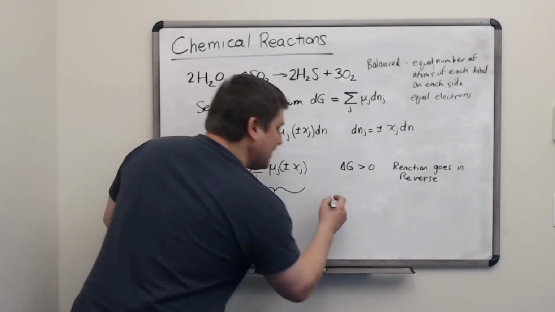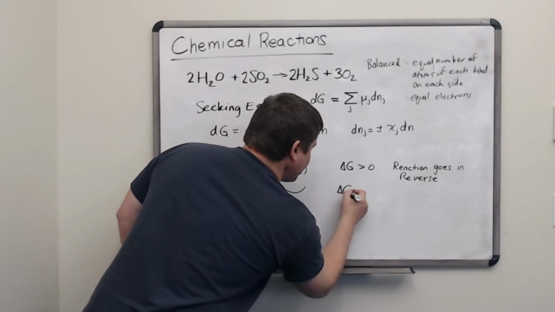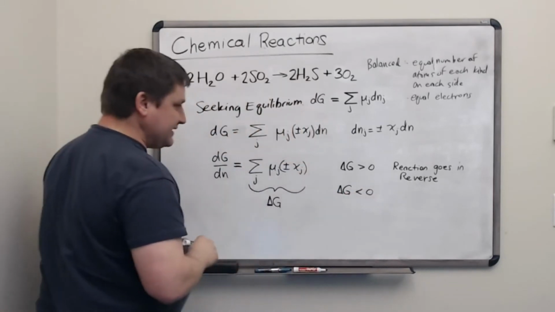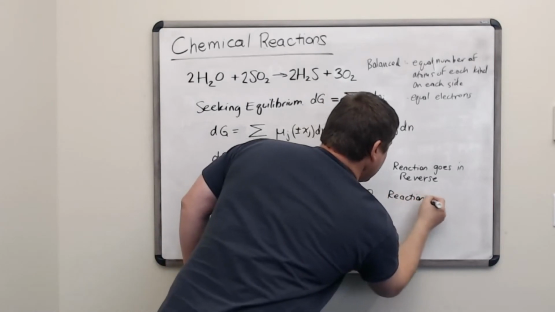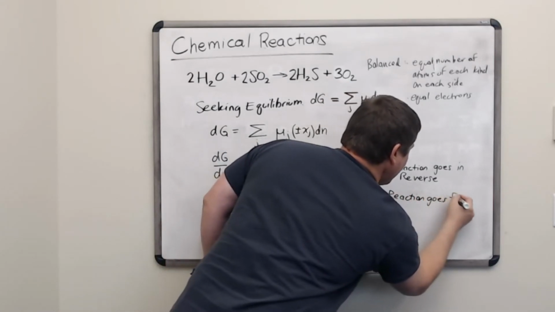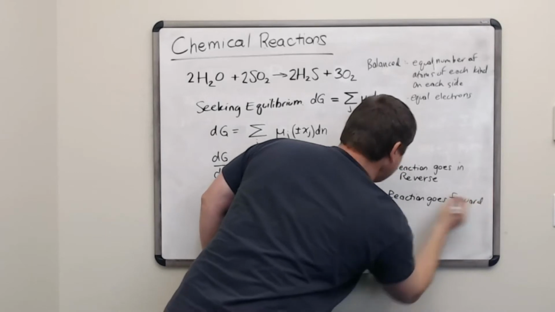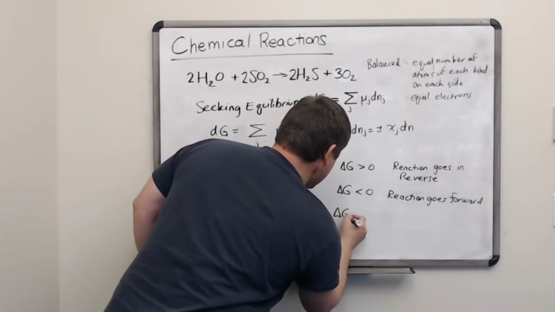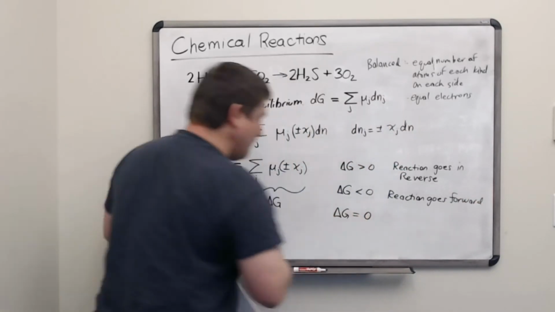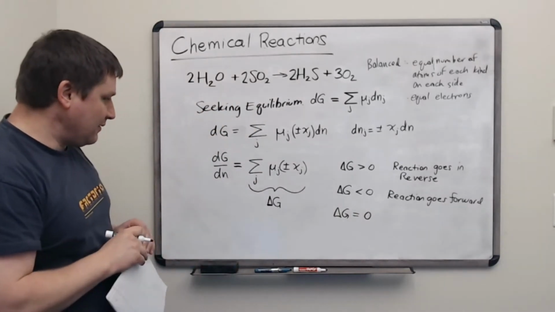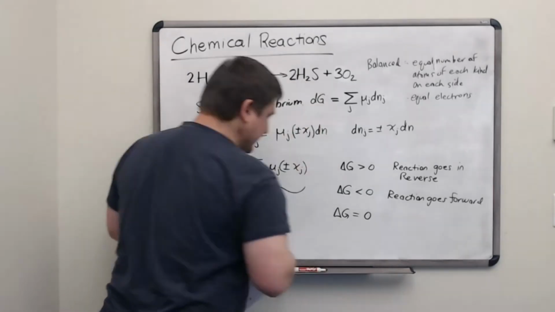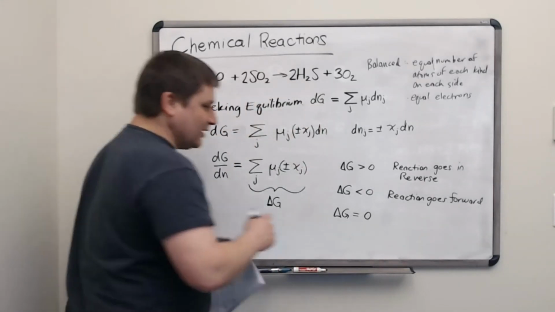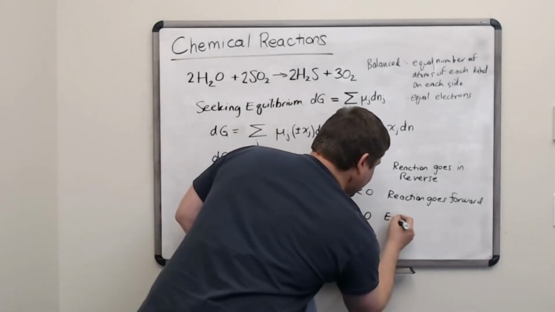So if delta G is positive, the reaction goes in reverse. If delta G is negative, the reaction goes forward. And if somehow by coincidence or by setup, the delta G value is exactly 0, then we are at equilibrium.